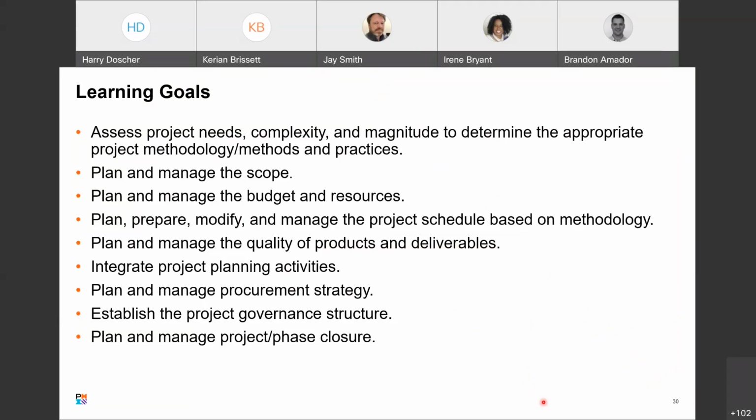And so our learning goals were: assess project needs, complexity, and magnitude to determine the appropriate project methodology, methods, and practices.